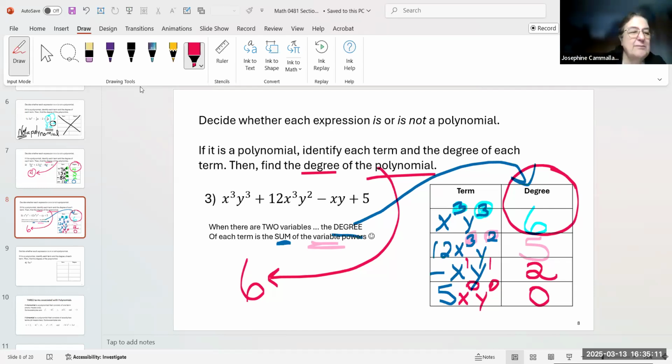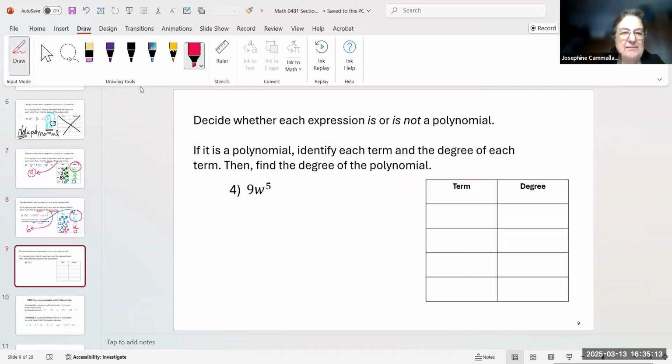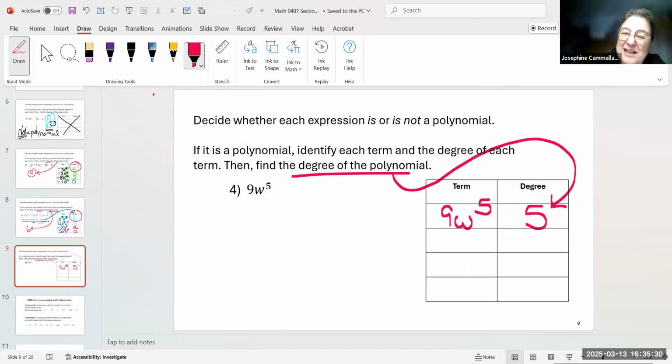Okay, we're going to do one more, and this one should be really nice. We only have one term. Its degree is 5. So the degree of the polynomial is 5.